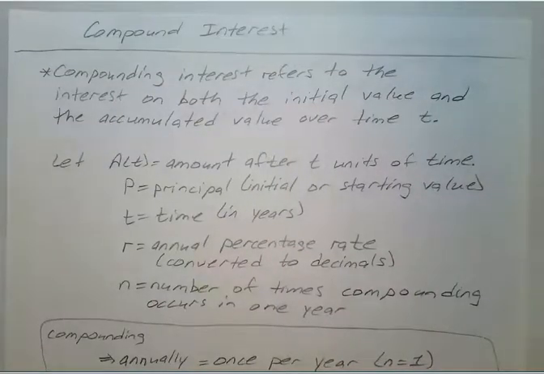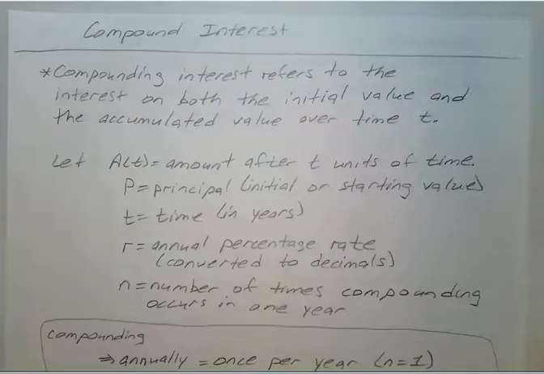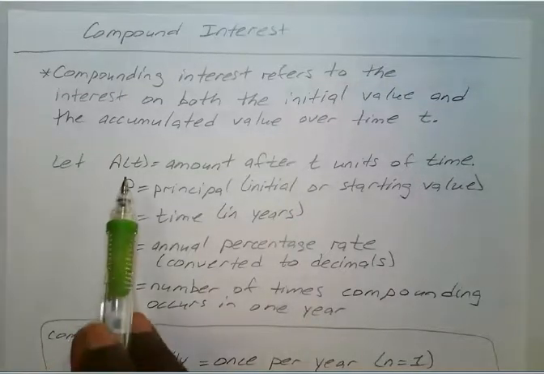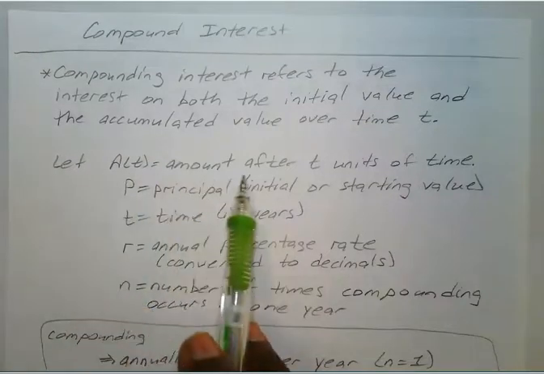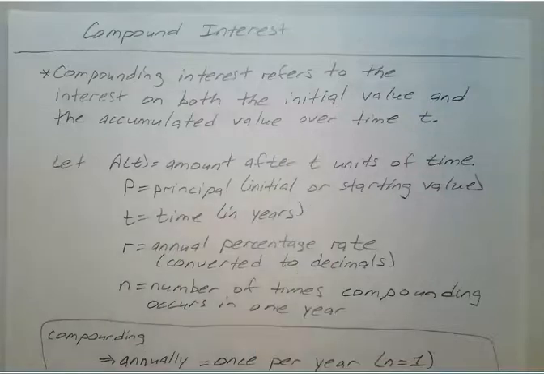Okay, so compound interest is just the interest that can be made on the initial money that's loaned or invested, and the money that adds up over a certain amount of time that we will call T. Now in this case we're going to let our A of T equal the amount after a certain amount of time, or T units of time.